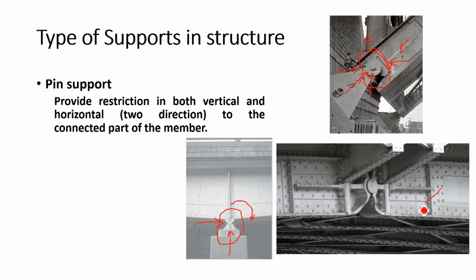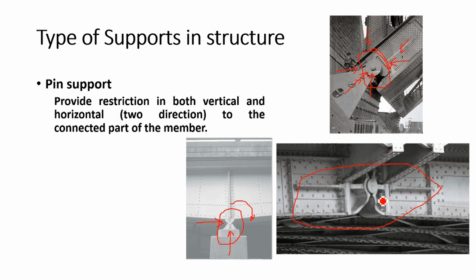So let me come to this picture. This picture does not behave like your typical pin supports like these two. This is what we call the connection for internal hinges. Internal hinges: when you are constructing very long span members, it's very difficult to construct them as one member because of material availability and restrictions of construction.